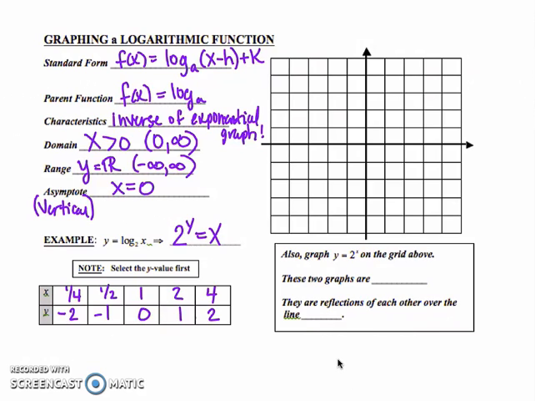So when I graph these, x is 1/4, y is -2. X is 1/2, y is -1. X is 1, y is 0. X is 2, y is 1. And x is 4, y is 2.